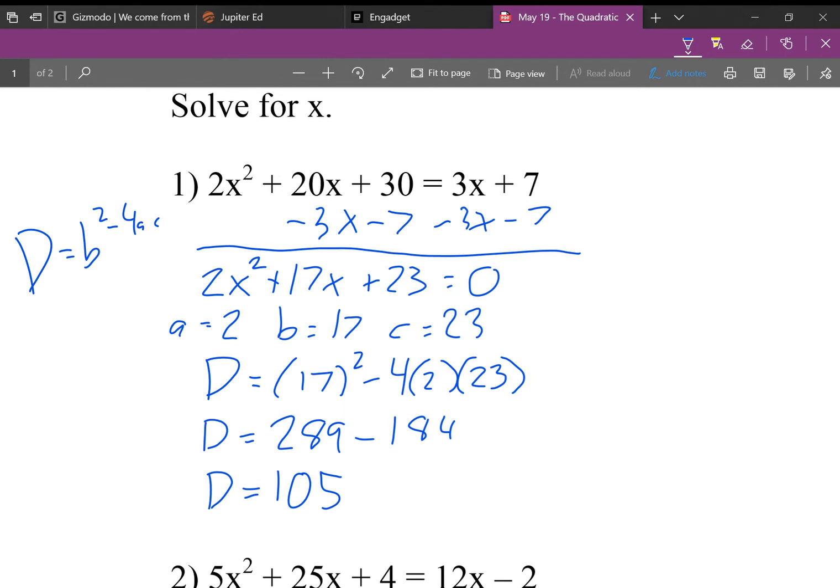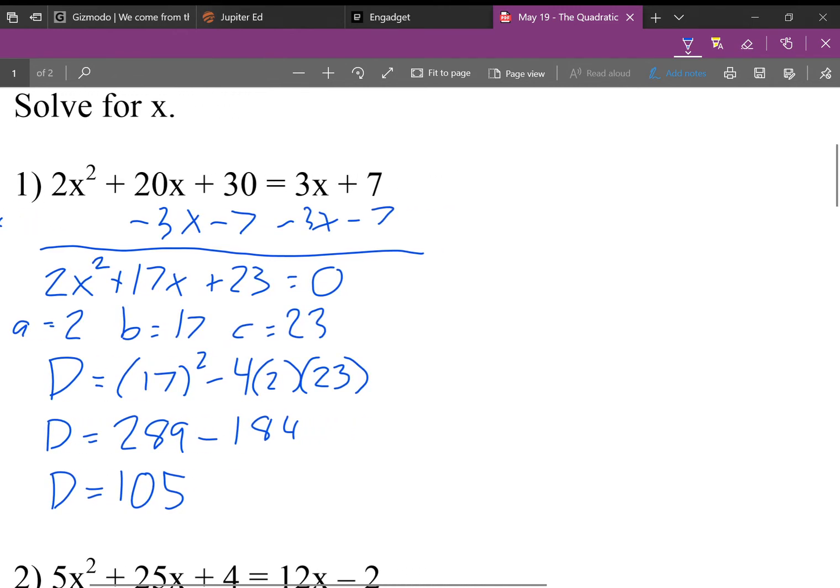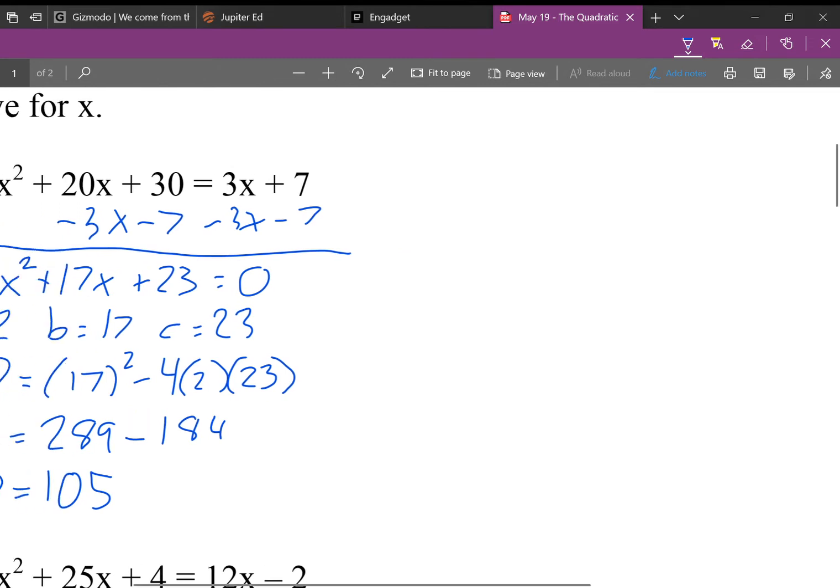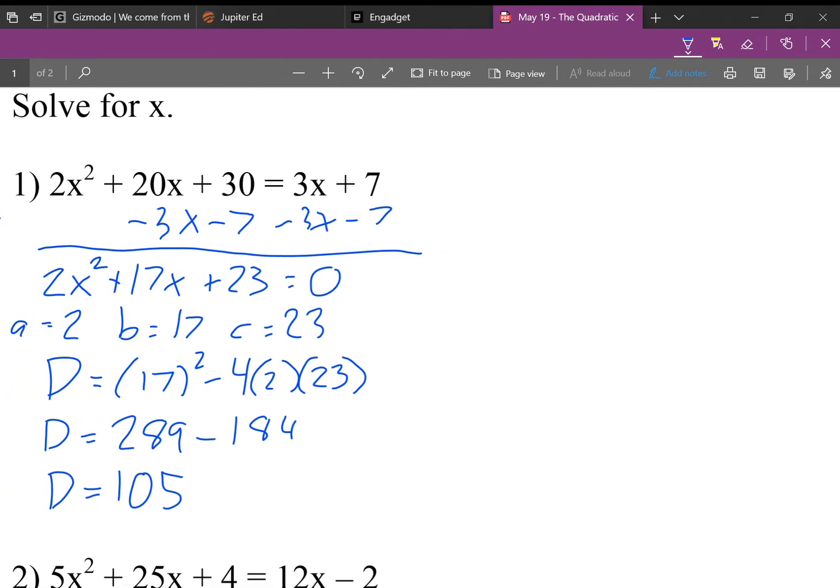Now, let's move on to plug this into our quadratic equation. So what's a quadratic equation? We're using the one that goes x equals negative b plus or minus the square root of d over 2a.